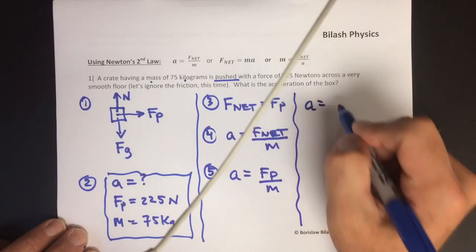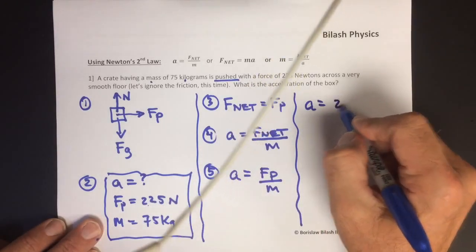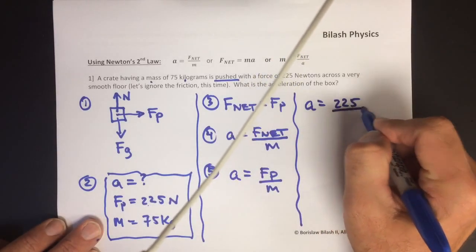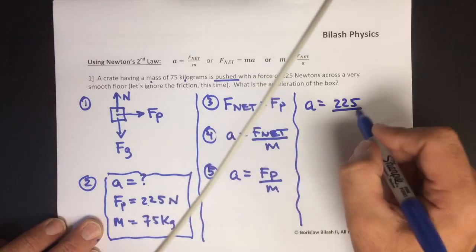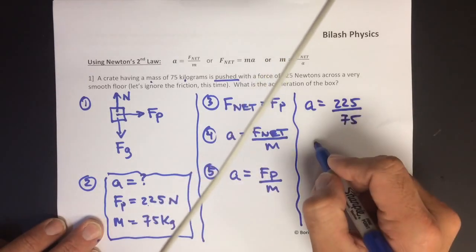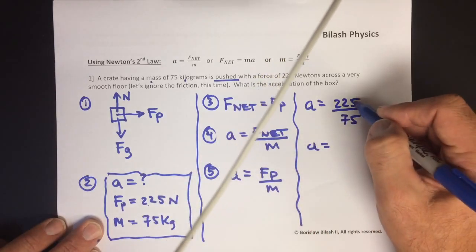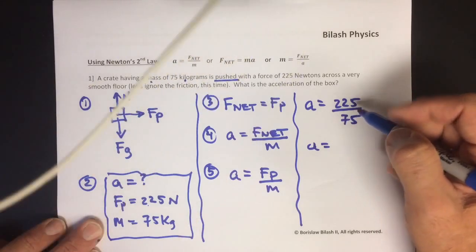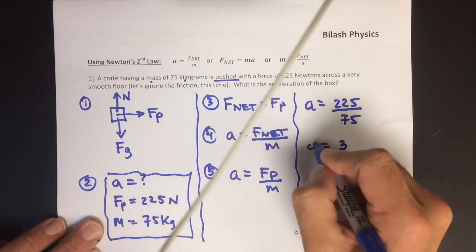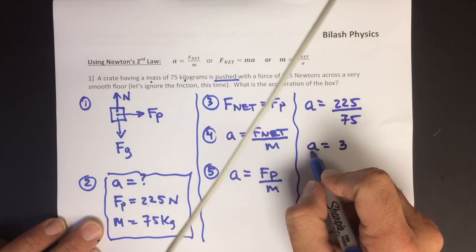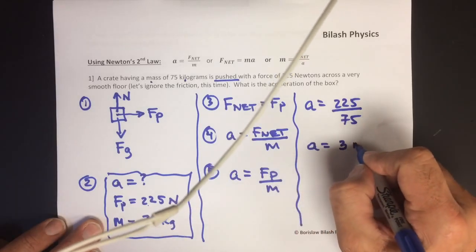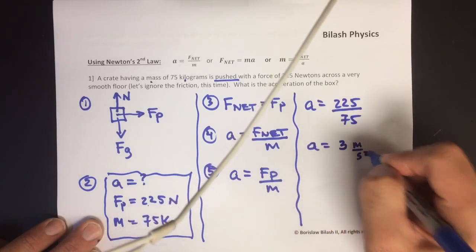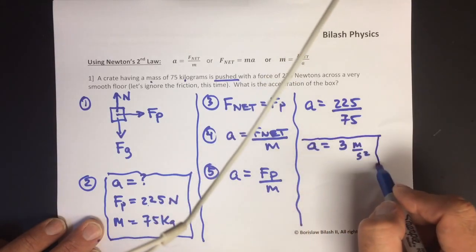So A is equal to Fp, which is 225, divided by M, which is 75, and use my calculator. 225 divided by 75 is going to be equal to 3. And since it's acceleration, I know it's 3 meters per second squared, because that's the unit for acceleration.